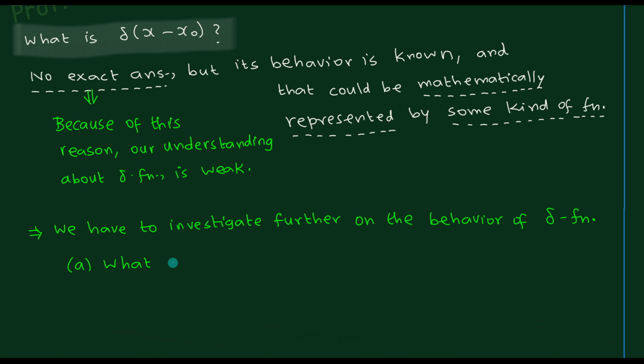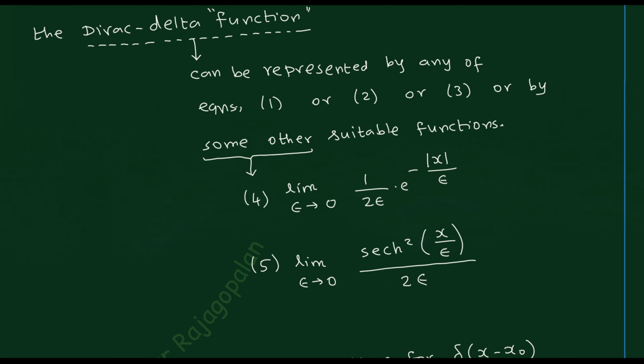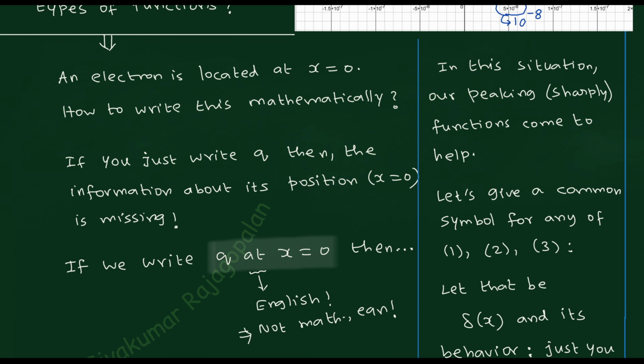For example, what can be done? I am not going to give any list here. At least what can be done now is that we can ask the question: what will happen if you have some function, and what is the action of the delta function on a given curve? To understand the given curve, let us plot something. Let us go back to this. Suppose you have some kind of a data curve.